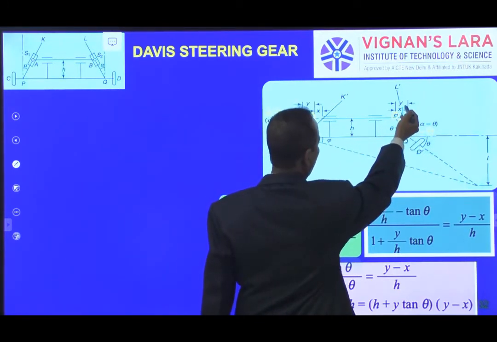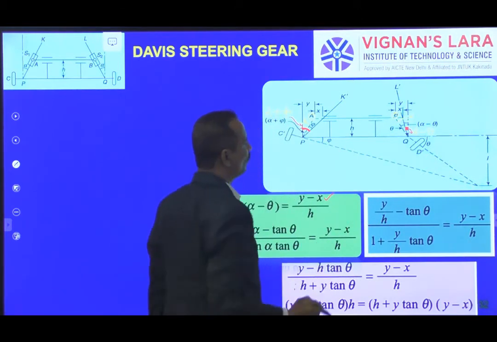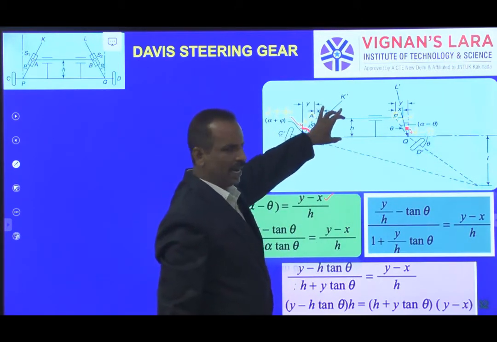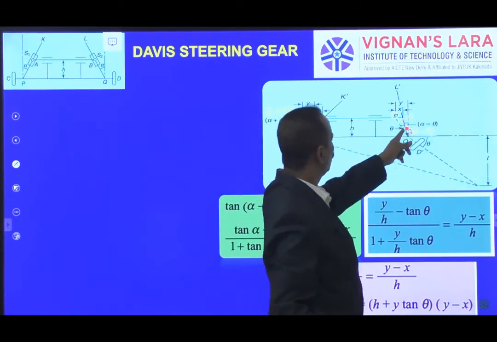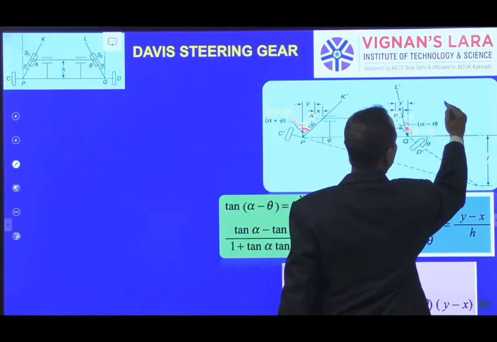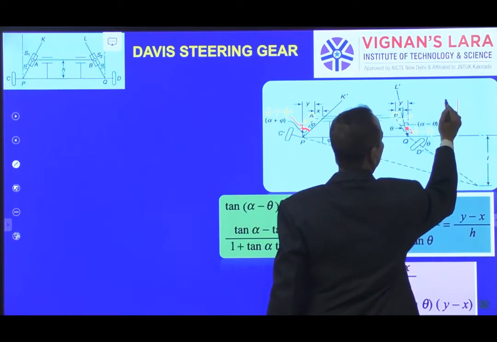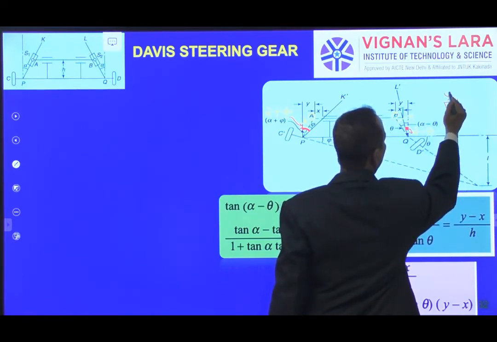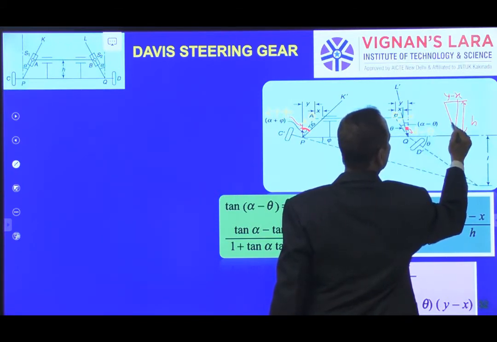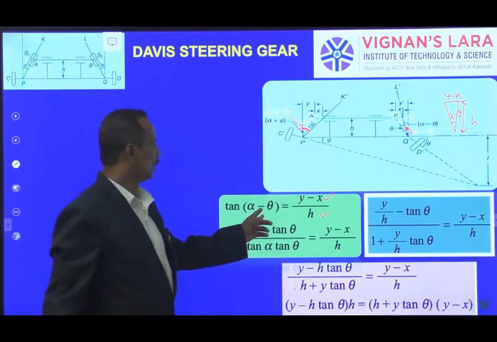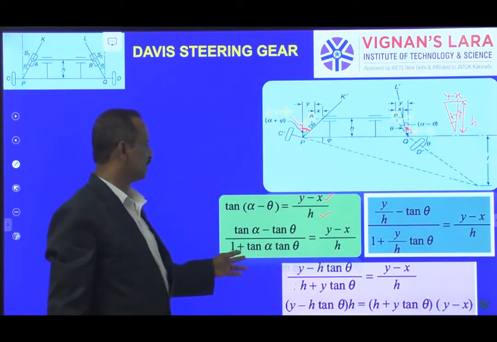The opposite side is Y minus X, and the adjacent side is h. So this is the triangle where this is Y minus X, this is h, and this angle is alpha minus theta. So tan of alpha minus theta is Y minus X by h.